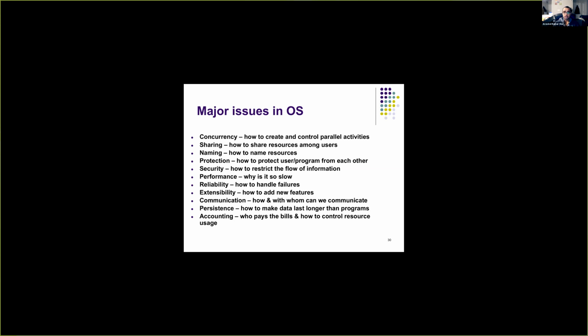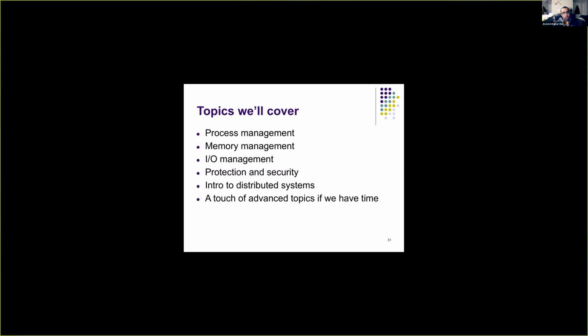So these are the things that operating system needs to take care of. And so in this course specifically, we'll be covering process management and memory management, input output management. We'll also be looking at protection and security. And if we have time, we'll also be looking at more advanced topics like virtualization and containers.